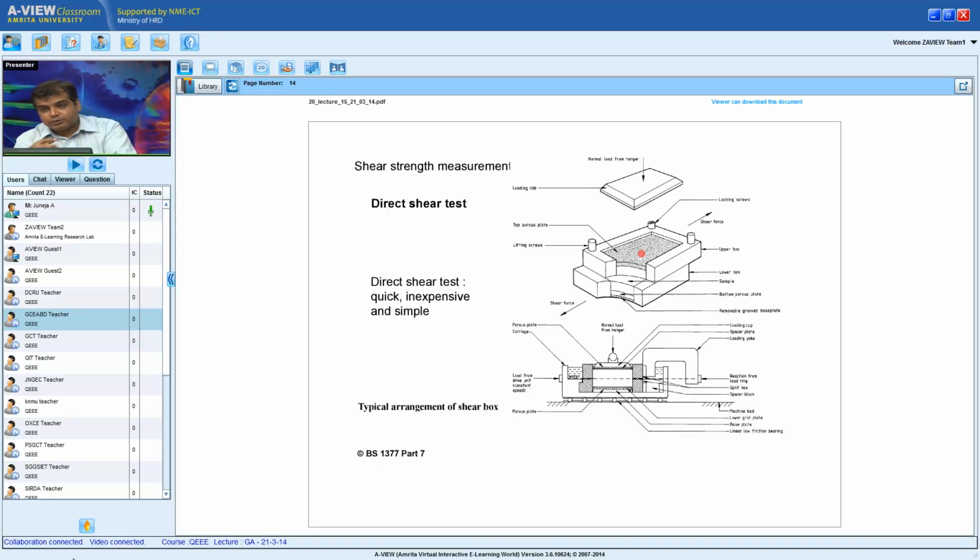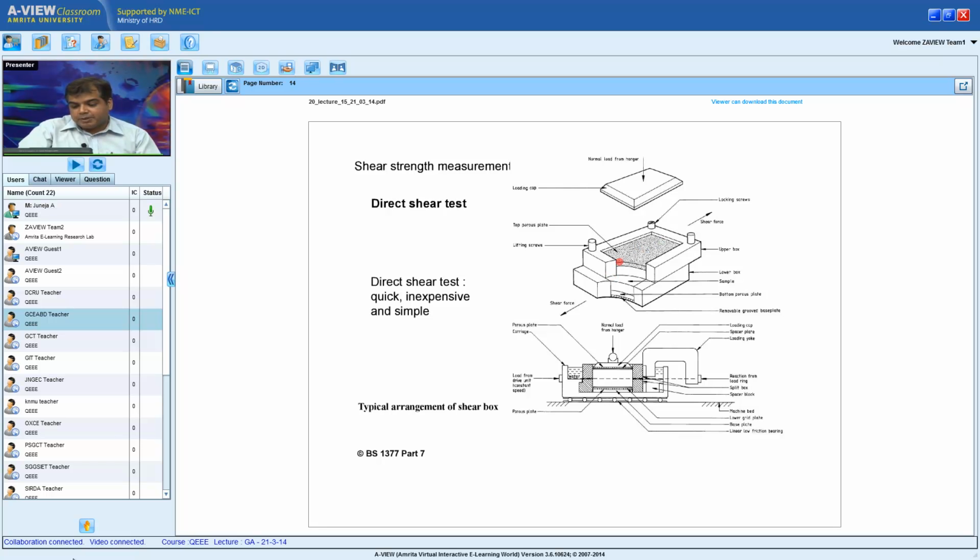If there is no sliding between the two halves, can I say there is no shear stress on this horizontal plane? Remember, this sliding occurs in this horizontal plane. So if there is no sliding, can I say this horizontal plane is my principal plane? And because this is a larger magnitude, this is the major principal plane.